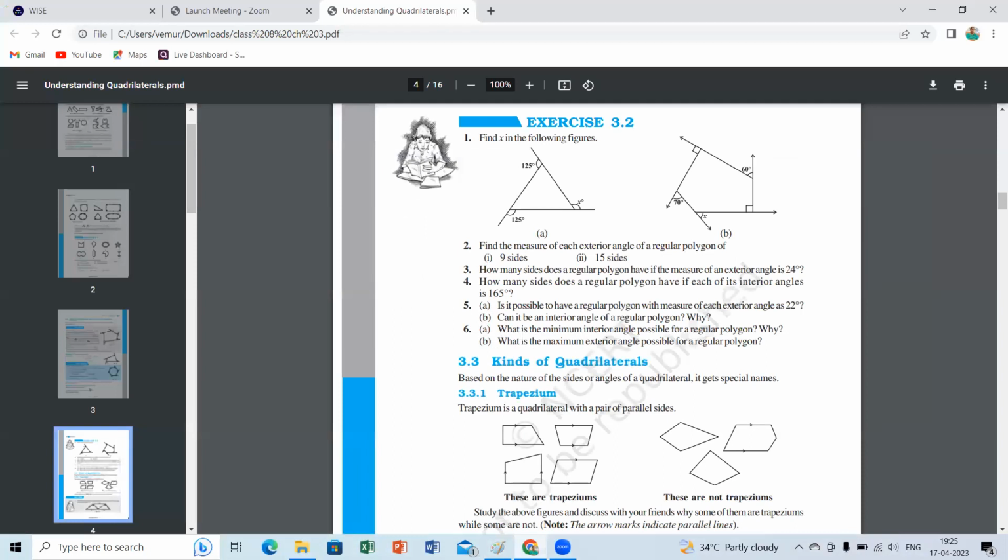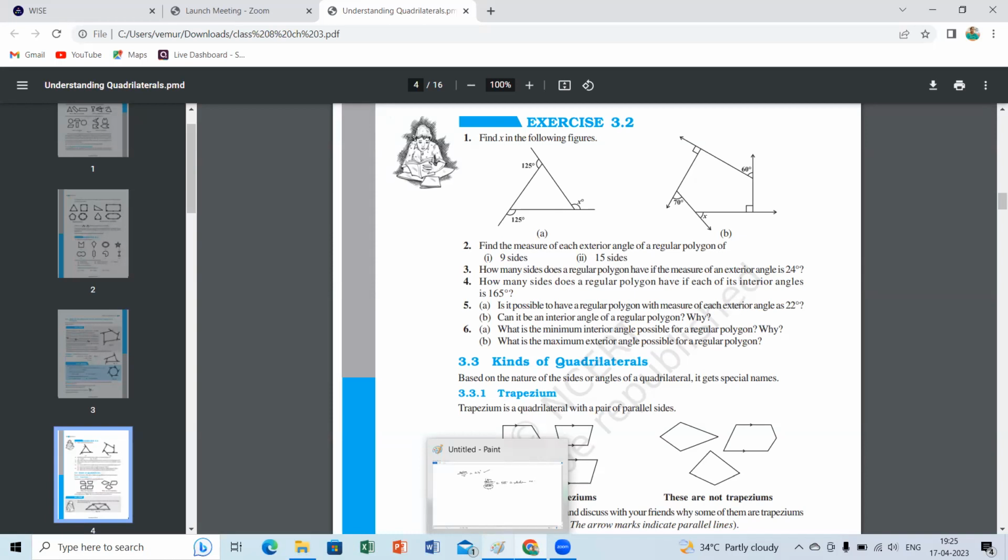Ma'am, we should say that it's not a natural number, because how can a polygon have 0 degrees? Okay, you can make the correction. Generally, we should say it's not a natural number, right?